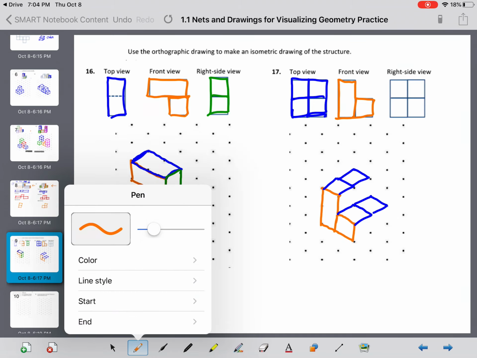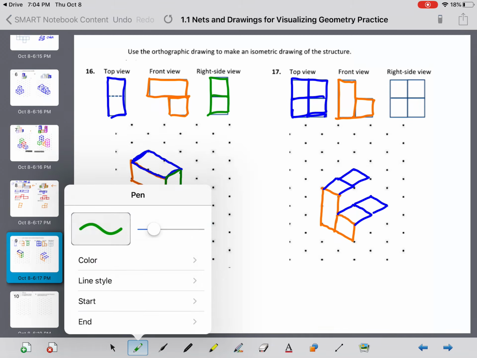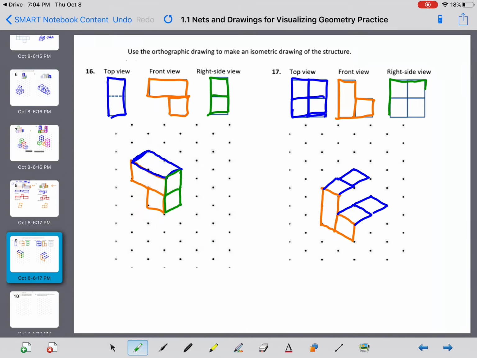And from the side, again, we have 4 squares. And if we look from the side, we would have 1 here, 2 here, 3 here, and 4 there. So there's your figure.